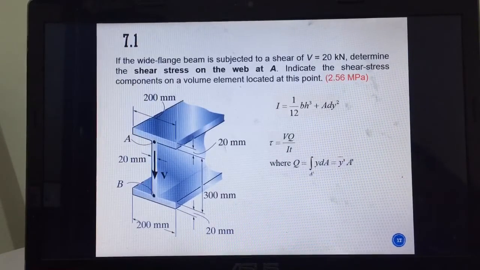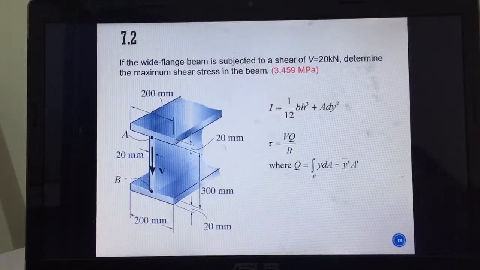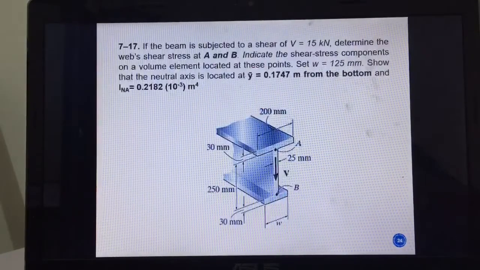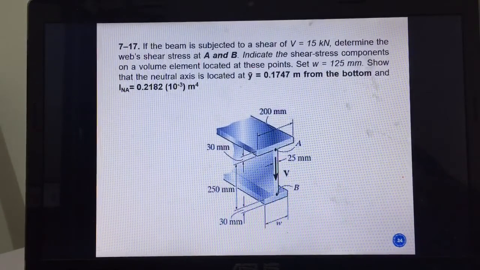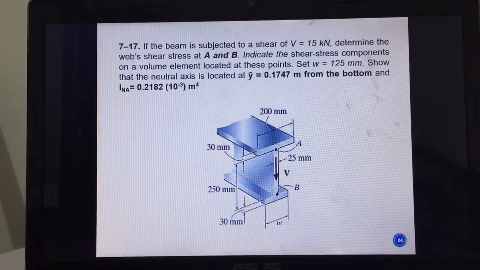Then 7.1, we'll go to the tutorial. Please check the videos for 7.1 and 7.2 as well. 7.10 and 7.17 look like this. This is slightly different because it is unsymmetrical about the neutral axis.